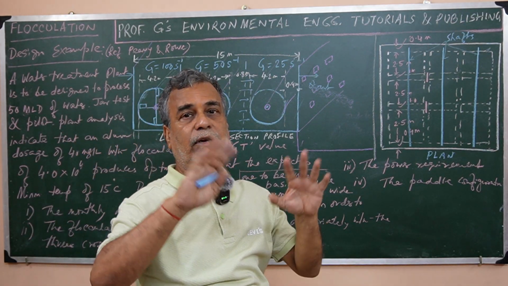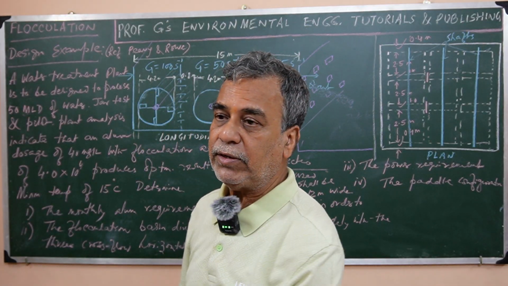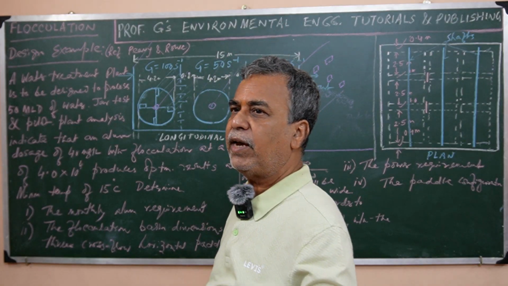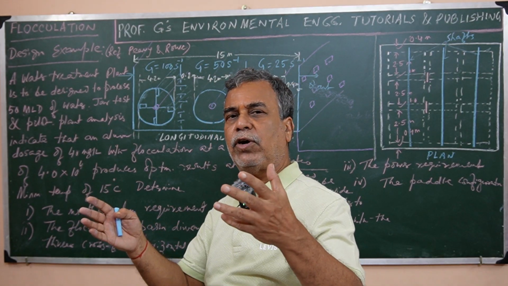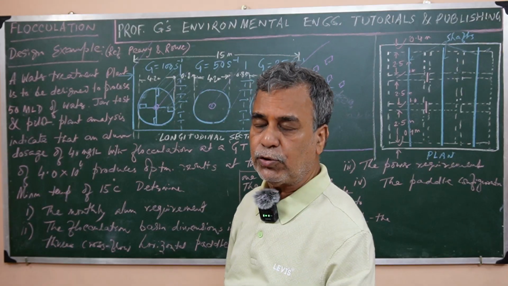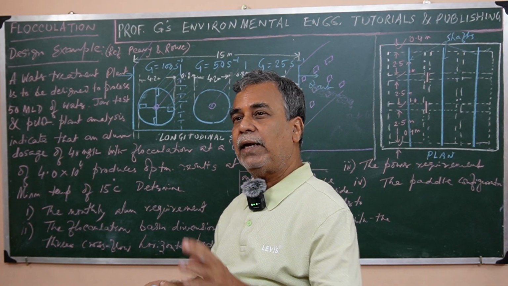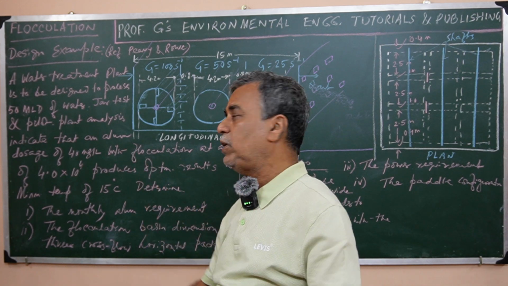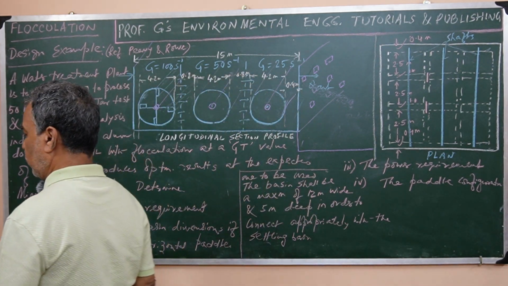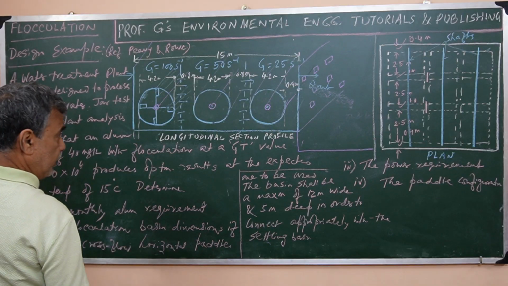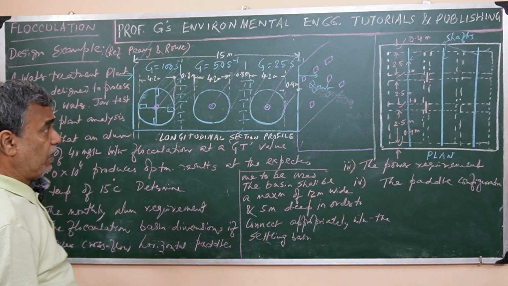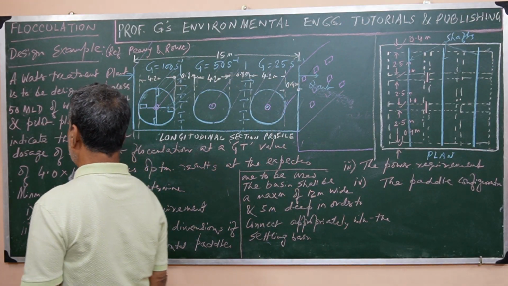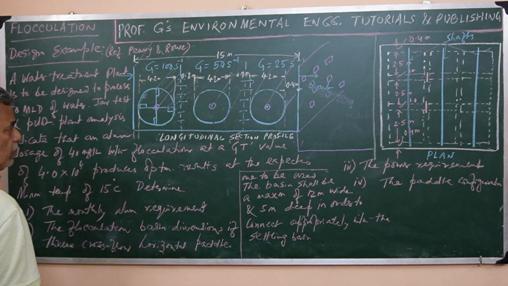In postgraduate level we do this in much more detail: details of the design, different components, more components, and also the drawing part, the sketches and illustrative sketches. But here we cannot take up those details because of time constraints, and it is not required at undergraduate level.